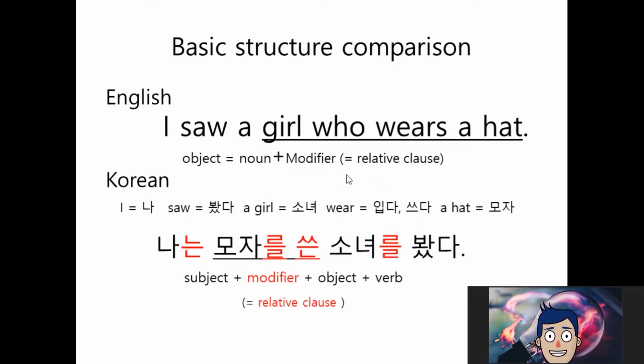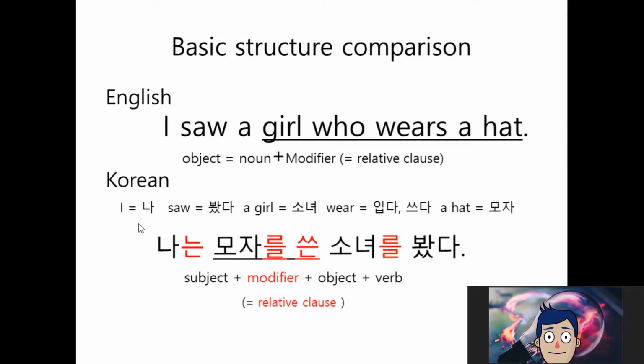However, in the Korean language, all the modifiers have to be located right before nouns. Okay? So, who wears a hat first? And girl. This part, in Korean, a girl who wears a hat is 모자를 쓴 소녀. So, who wears a hat is this part. So, modifier is right in front of noun.